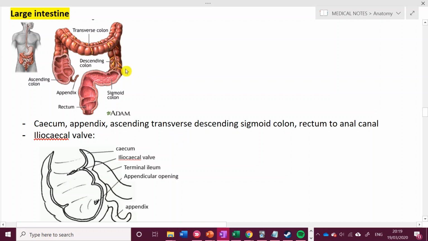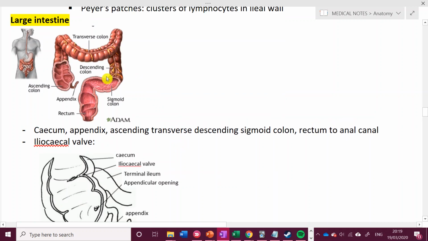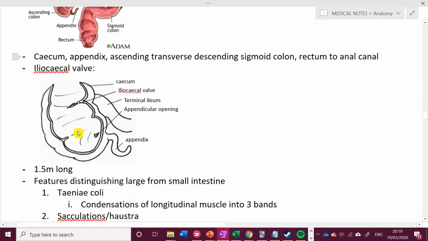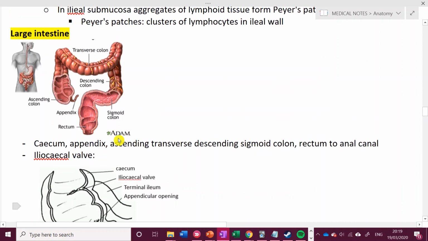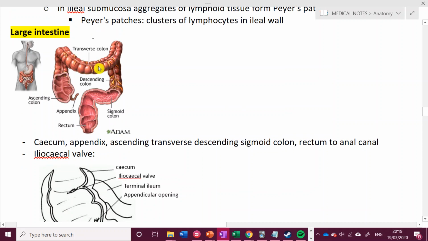So the large intestine then. We said that the small intestine joins the large intestine at the ileocecal valve, which we can see here, and the chyme goes along from there. These are the parts of the large intestine.